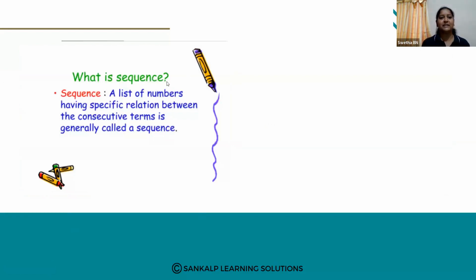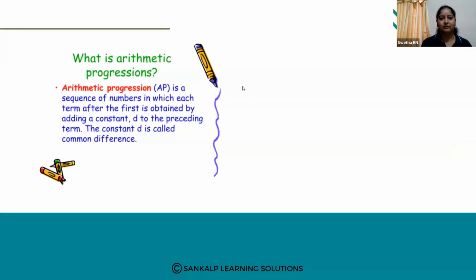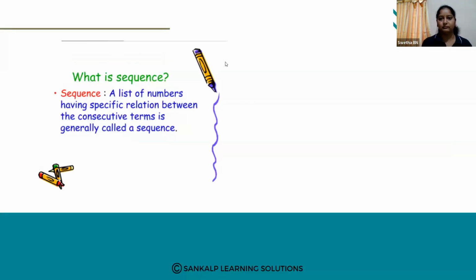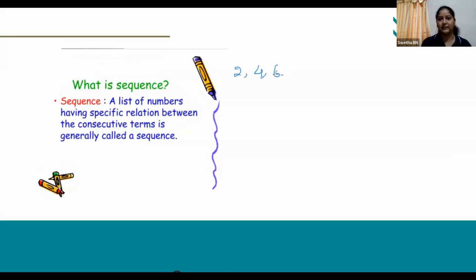Okay, see, what is a sequence? For example, 2, 4, 6, 8, 10, and so on. See, it is called a sequence. What do you mean by sequence? A list of numbers having a specific relation between the consecutive terms is generally called a sequence.